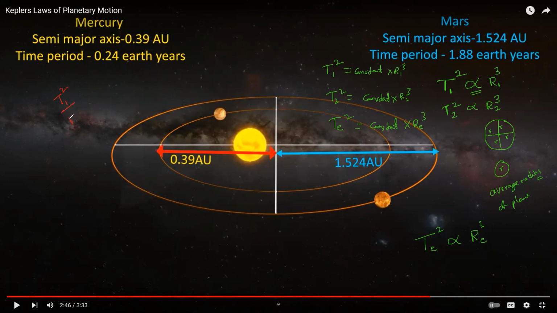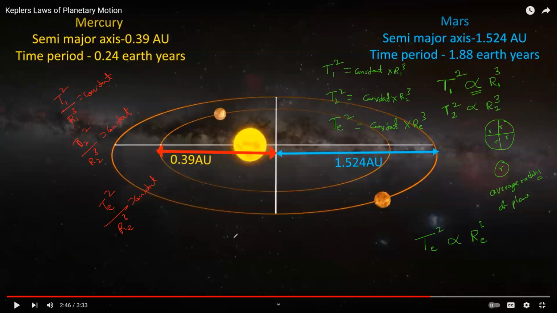T1 square divided by R1 cube is equal to a constant. In the same way, T2 square divided by R2 cube is equal to a constant, and T square divided by R cube is equal to a constant. So that is what is called Kepler's third law.